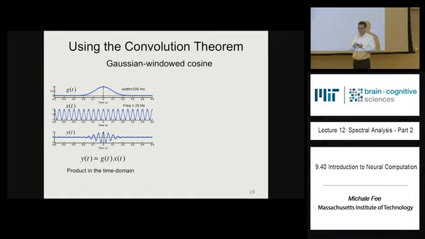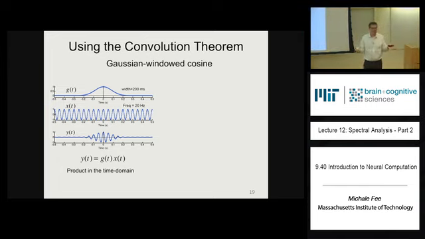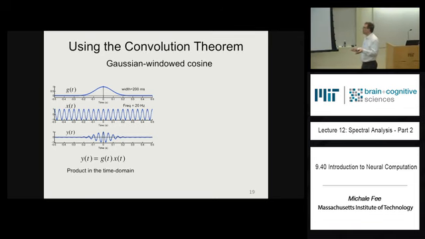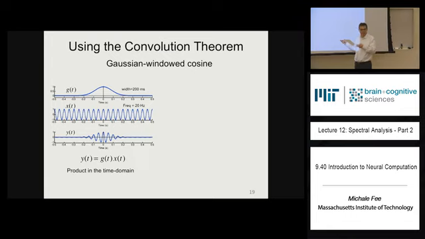Sorry, constant frequency. Boy, that's harder to do than I thought. Okay, just a little pulse of sine wave. So what's the Fourier transform of that? Well, we don't know, right? We didn't calculate it. But you can just figure it out very simply, because you know the Fourier transform of a Gaussian. What is that? A Gaussian. You know the Fourier transform of a sine wave.